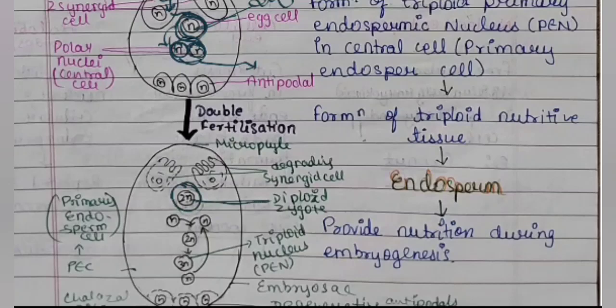So this is the zygote which is formed here through syngamy, and this is the other male gamete which is reaching the polar nuclei and forms the triploid nucleus, which is PEN, the primary endosperm nucleus, which basically provides nutrition to the developing embryo.